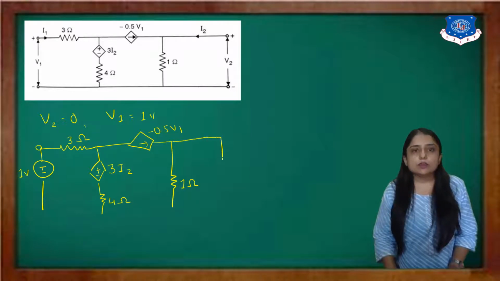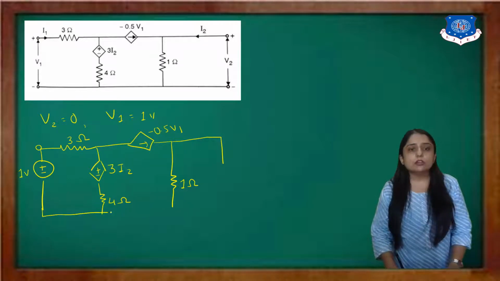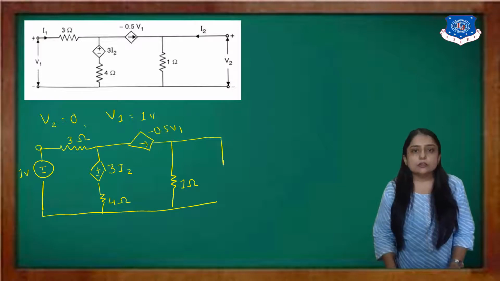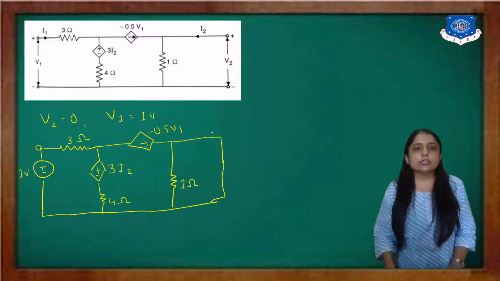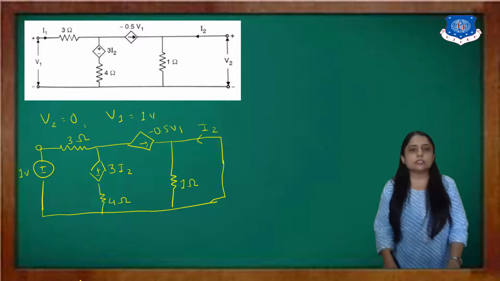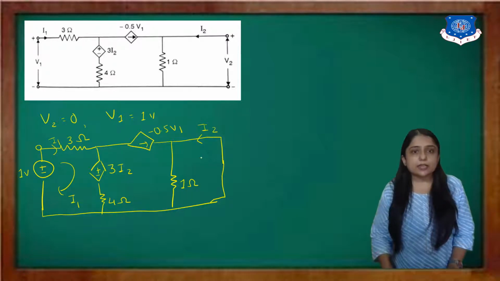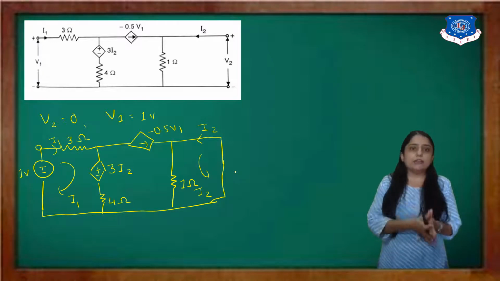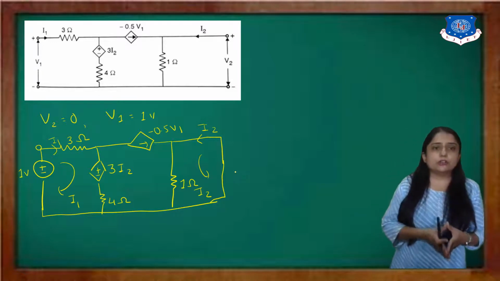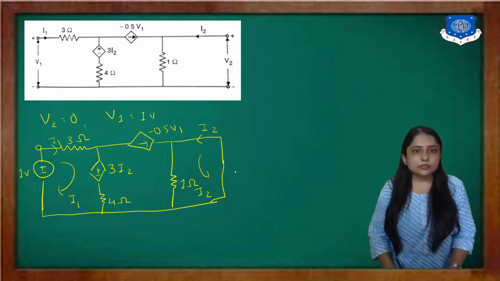And here V2 equal to 0, that means it is a short circuit. Voltage is 0 in a short circuit and current is 0 in an open circuit. This is I2. In this diagram, this current is I1, and here it is I2. So I want to find out I1 and I2 in order to find out the values of H11 and H21.